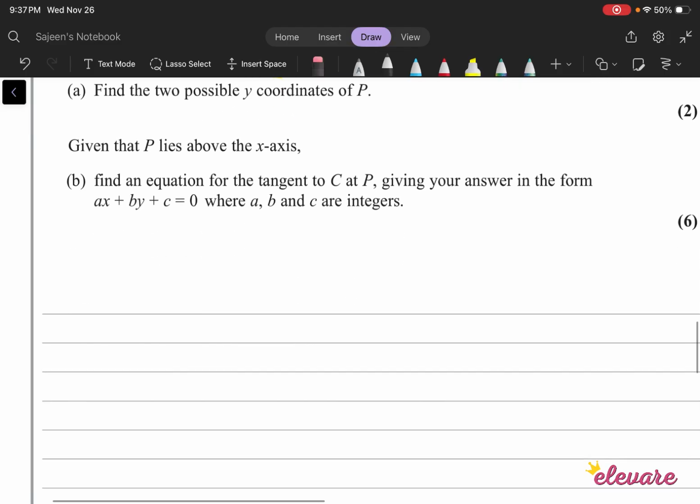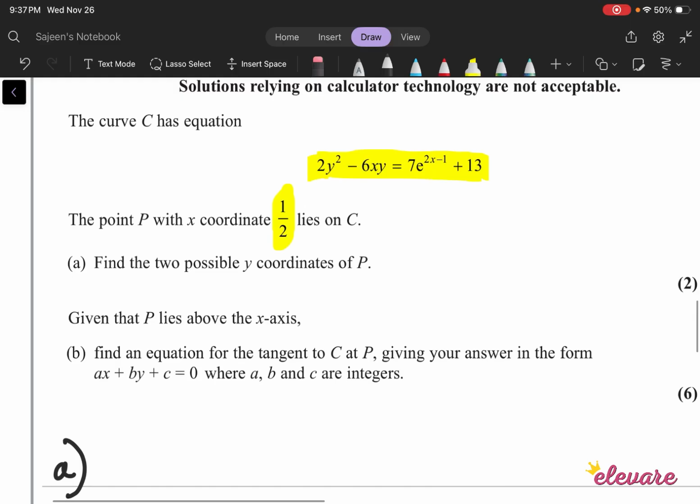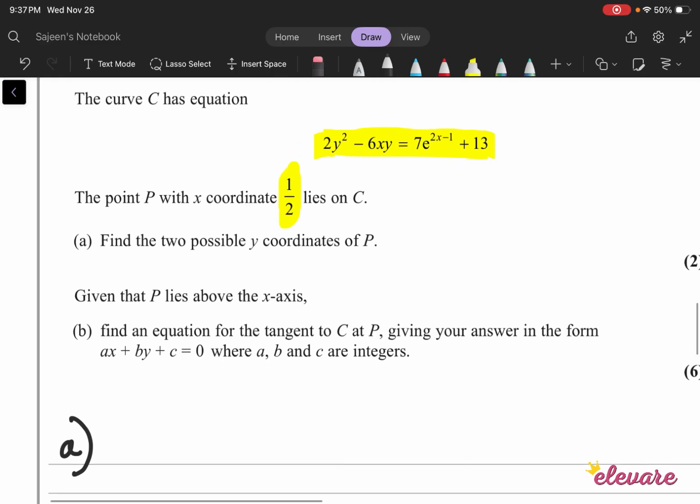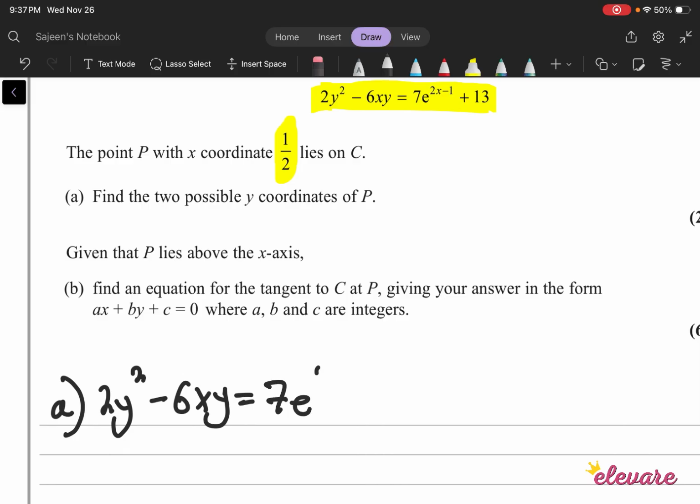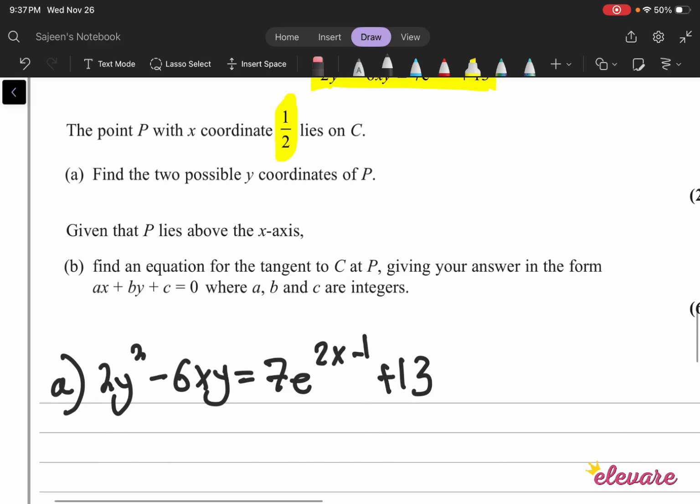So my first answer is pretty simple, right? What I have to do here is replace my x coordinates with half. So it's going to be 2y squared minus 6xy is equal to 7e to the power 2x minus 1 plus 13. I'm just writing down my equation for convenience's sake.